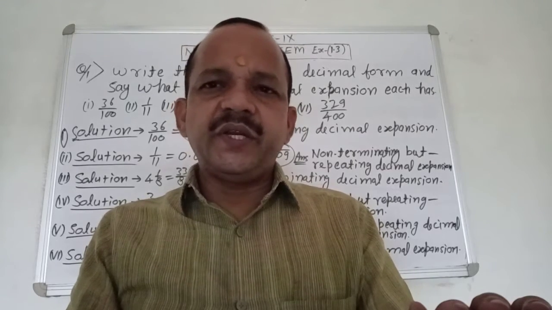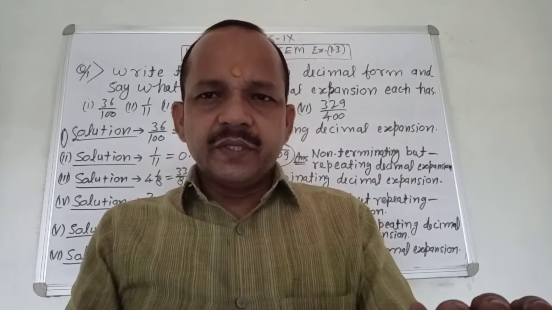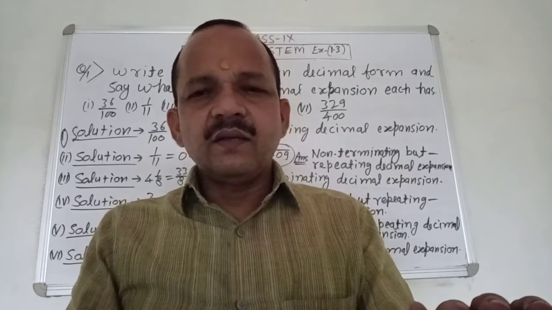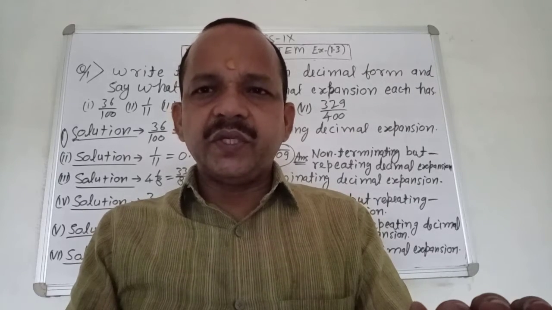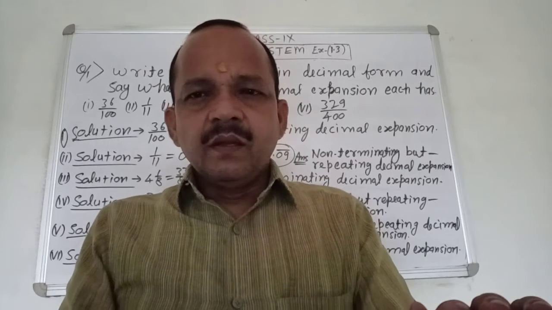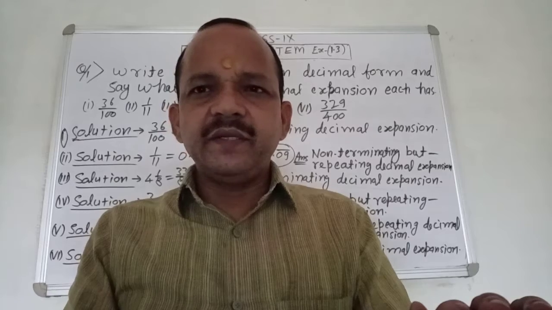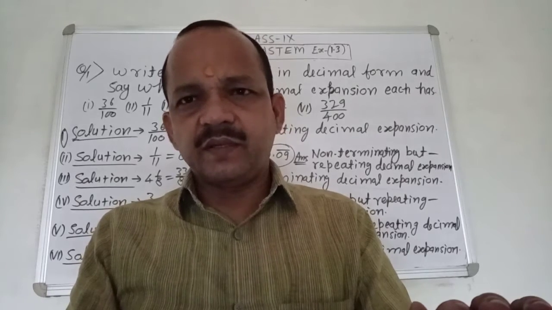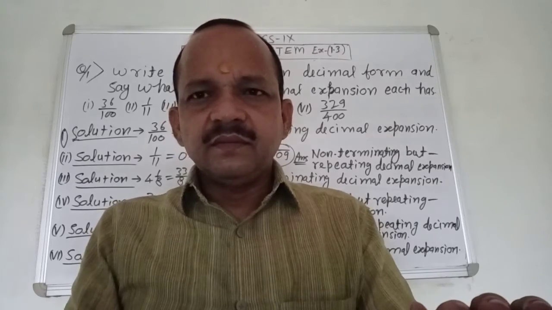Non-terminating decimal expansions are 22 by 7 or 1 by 3. 1 by 3 equals 0.3333 and so on till infinite, and 22 by 7 equals 3.142857 and so on. Clear? No confusion?